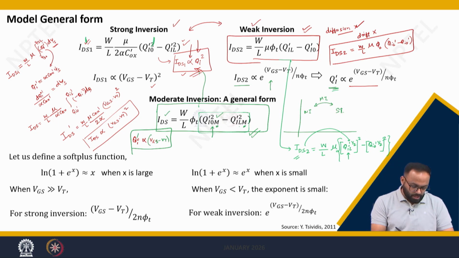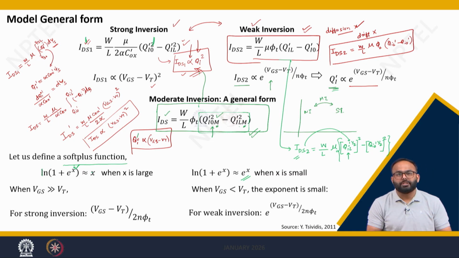Let us use a soft plus function and see the property of soft plus function. This function says if this x is small, then log of 1 plus e to the power x is almost e to the power x, and when x is larger, then log of 1 plus e to the power x is x. How is this soft plus function helpful to us?